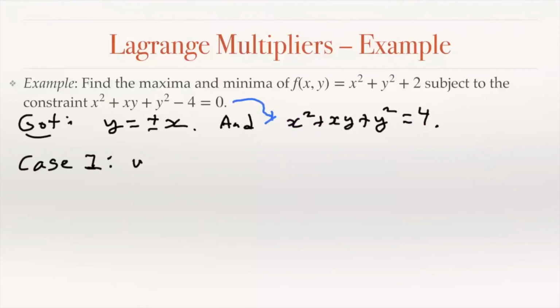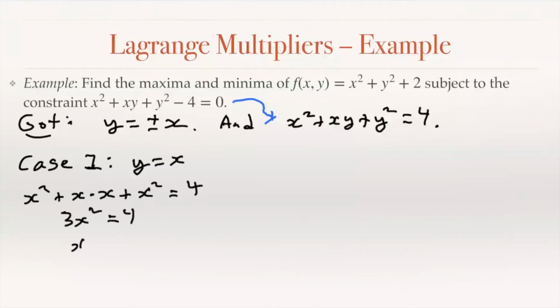So case one, that is when y is equal to x. When y is equal to x, then that means that we have x squared plus x times x plus x squared is 4. And that becomes 3x squared is 4, or x is equal to plus or minus the square root of 4/3, aka 2 root 3 over 3.